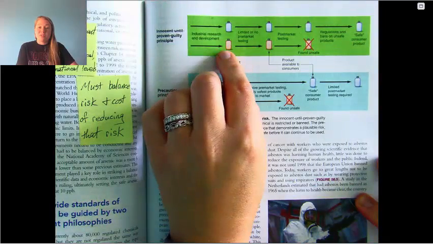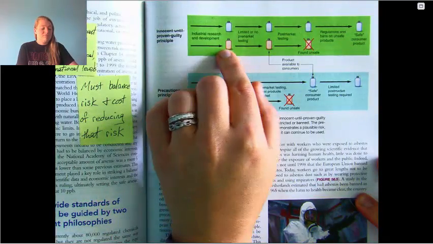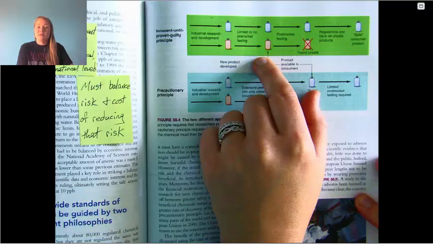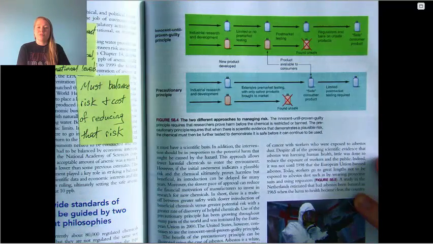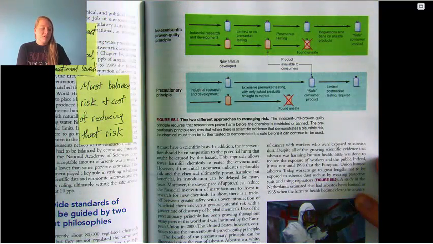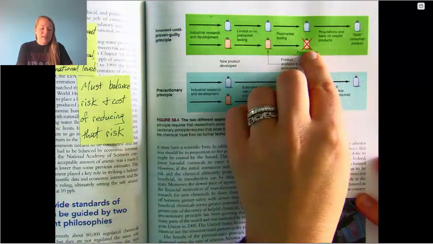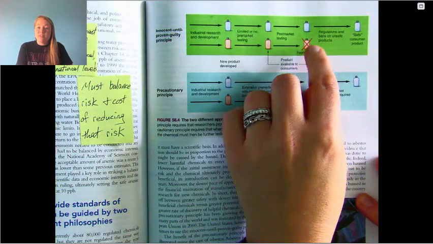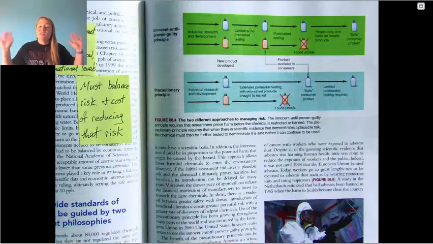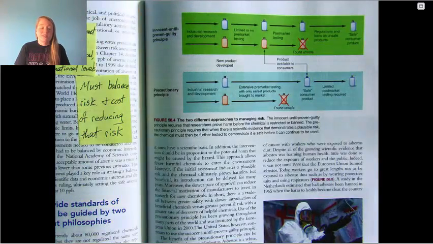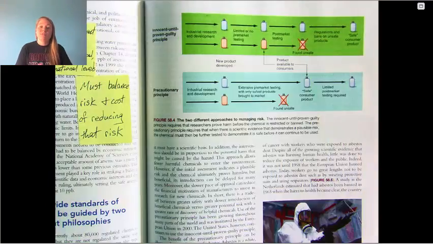So industry does research, they do a little bit of pre-market testing, but then they give it out to consumers. Now, if that product's found unsafe, industry doesn't have to do anything. They already got approval. They're already producing it.